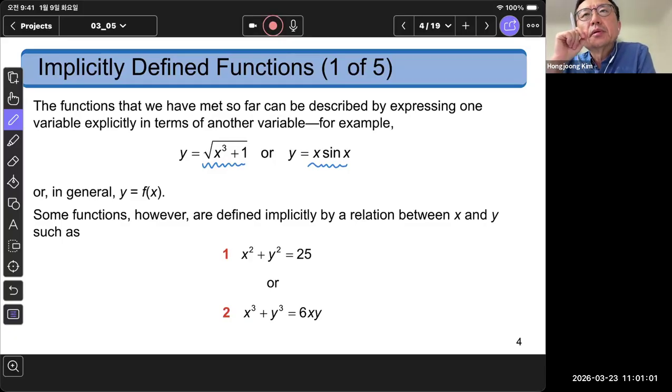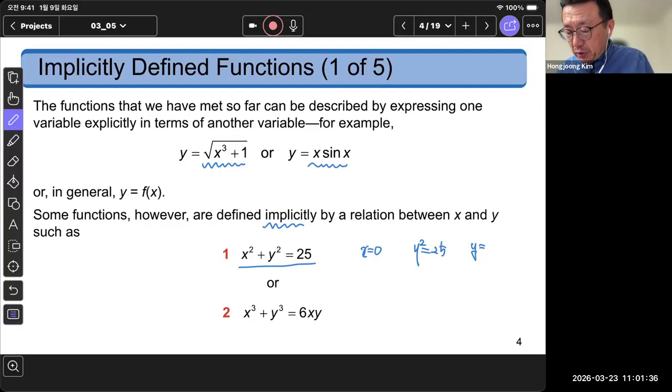But sometimes functions are defined implicitly, meaning, let us consider this equation. x squared plus y squared is 25. Now, if I consider some specific value of x, say when x is 0, then the y value will satisfy this equation, and you can derive the explicit value of y, say y will be plus or minus 5.